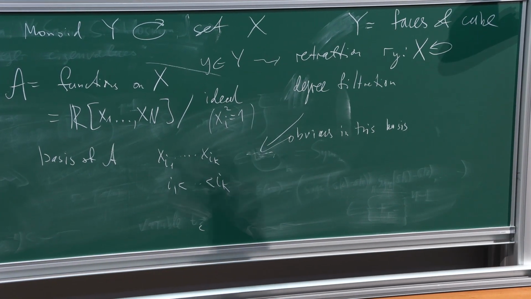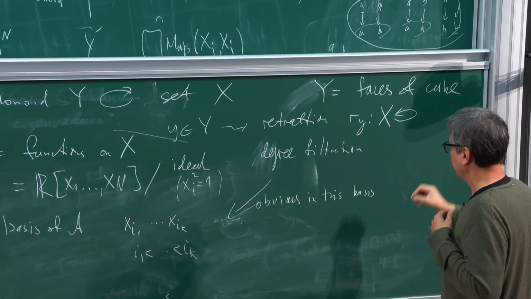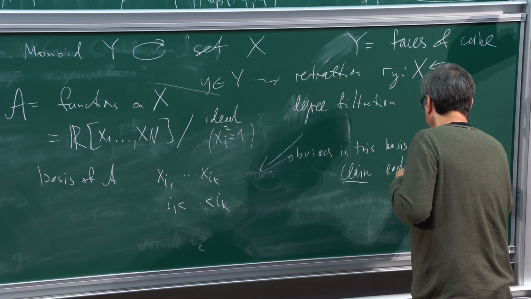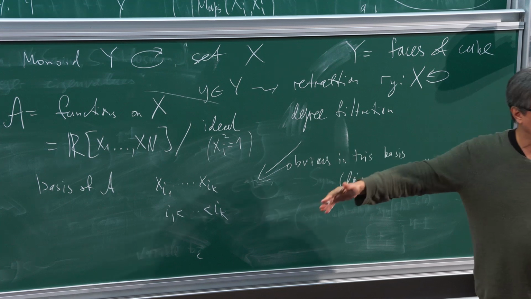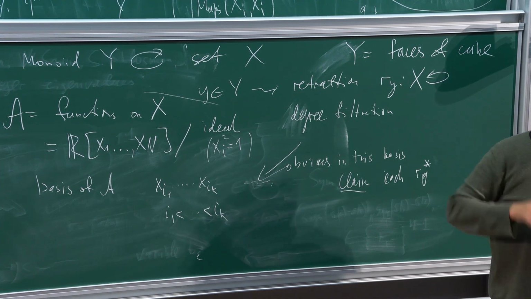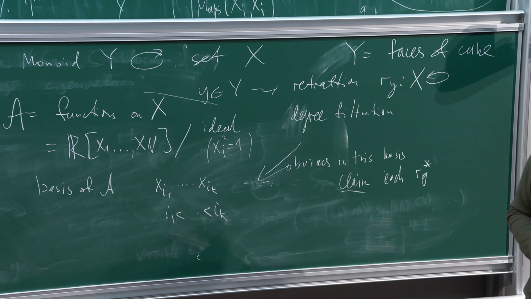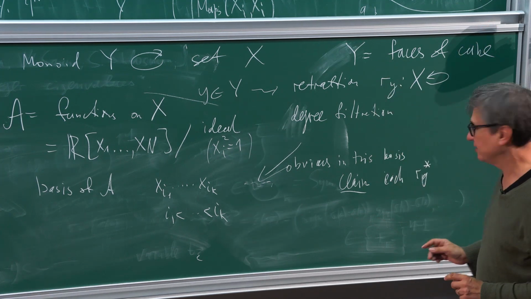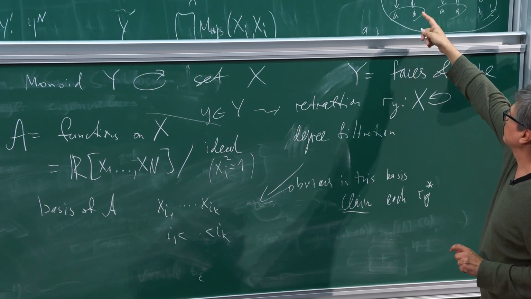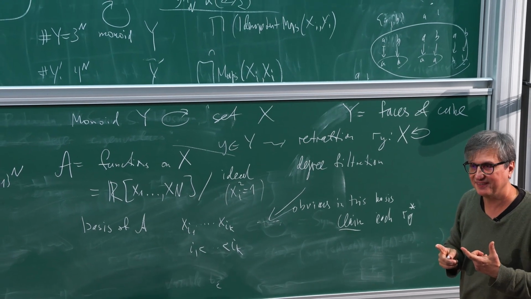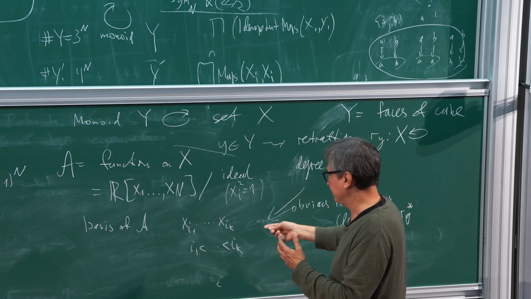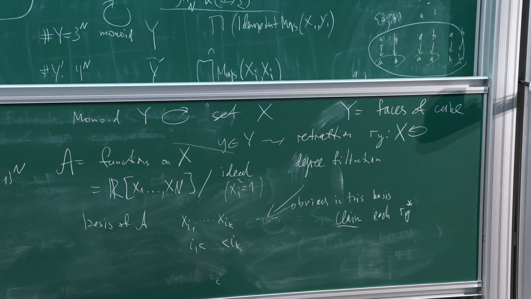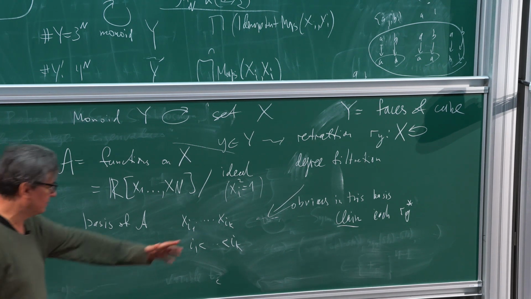And now that's the claim: each operator Ry star, because I have a map from the set to itself, gives a pullback on functions, and the whole thing is a tensor product. In the case of a two-element set, the pullback of the function 1 is always 1. So in this one-dimensional case, 1 goes to 1, and x goes to something times x plus something times 1, and so it preserves this filtration.